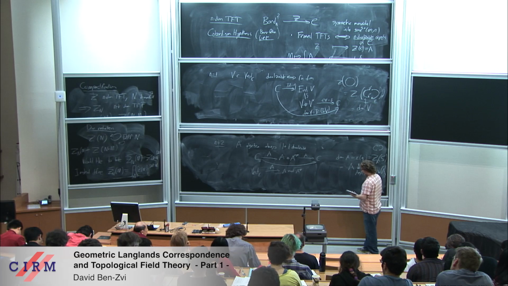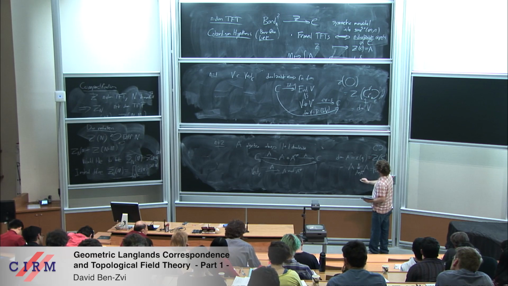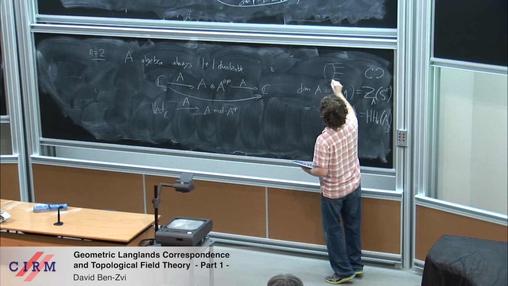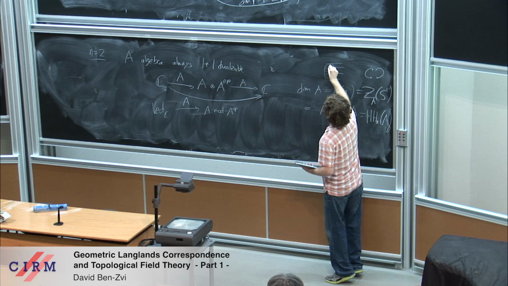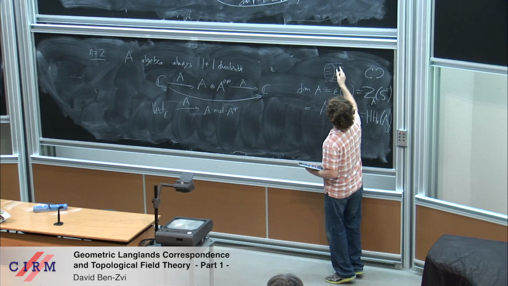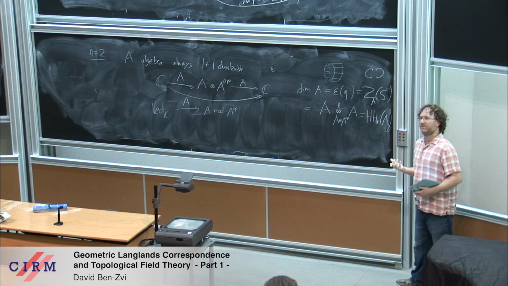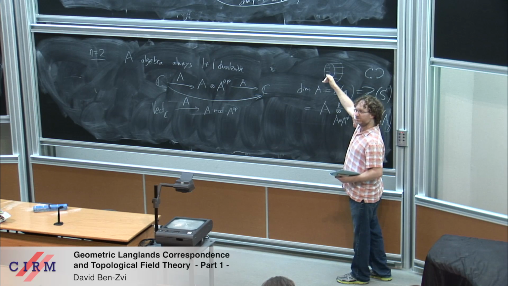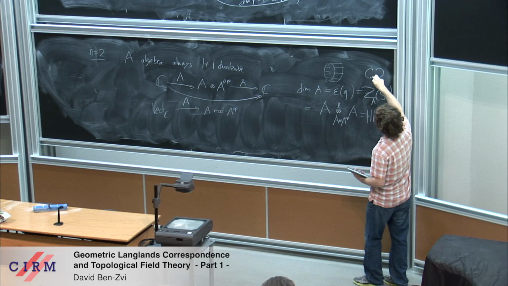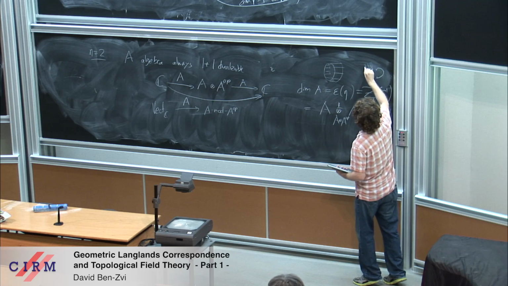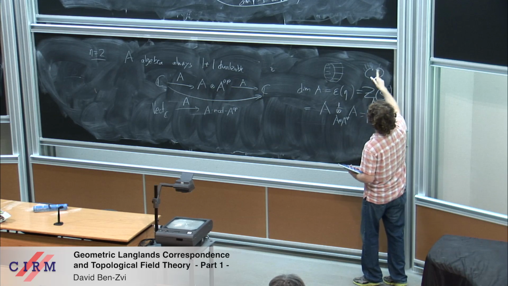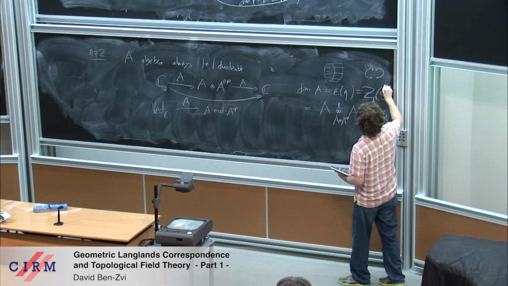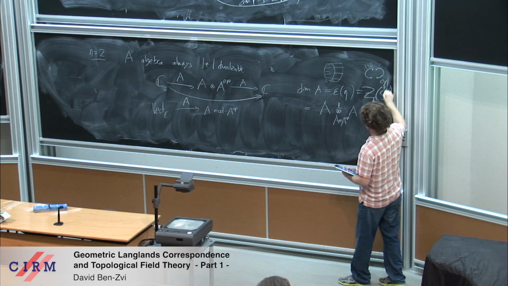If you want to be careful about framing, I'm really thinking about this as the circle with a cylinder framing. I'm thinking about this as a 2D field theory, so I need to give everything framings as a 2-manifold. And once you get to the level of the circle, you have several possible framings. The framing that we're using is compatible with this picture. It's just the product framing. Okay, so this is really Z of the cylinder.